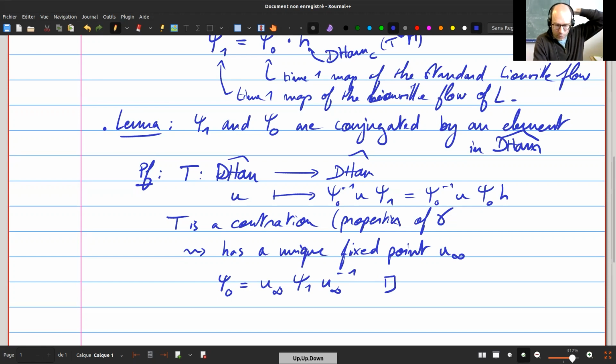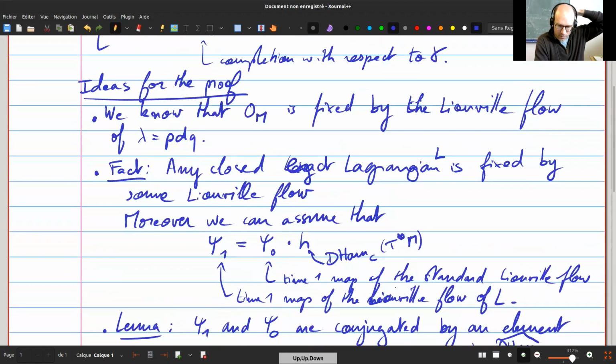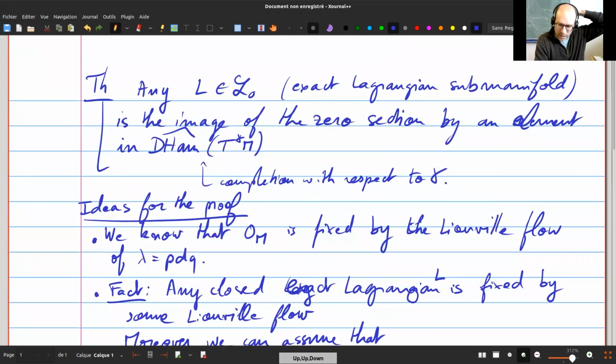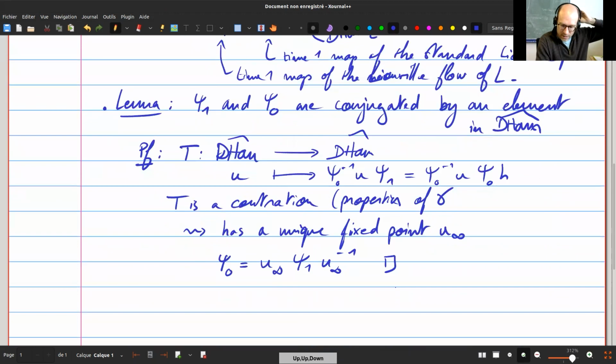Okay, and now remember what I wanted to do is show that any exact Lagrangian is the image of the zero section by an element in the completion.